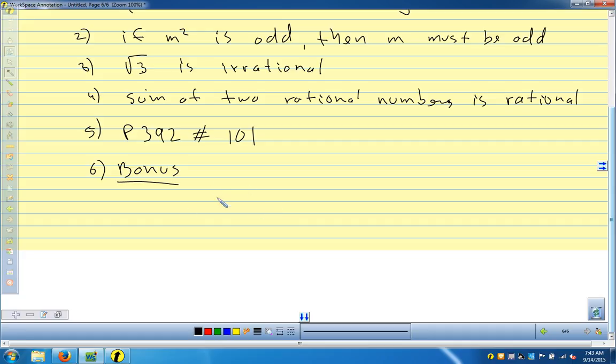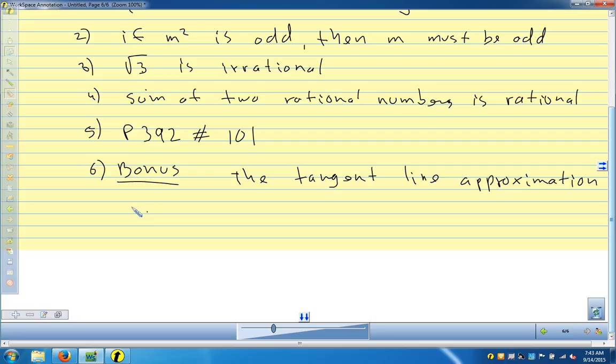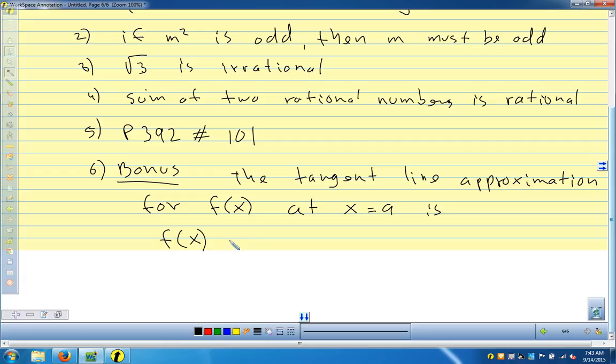So we know that the tangent line approximation to f of x at a is f of x equals f of a plus f prime of a times x minus a.